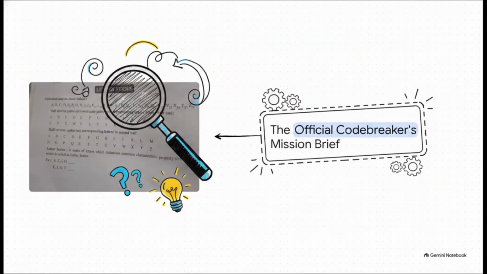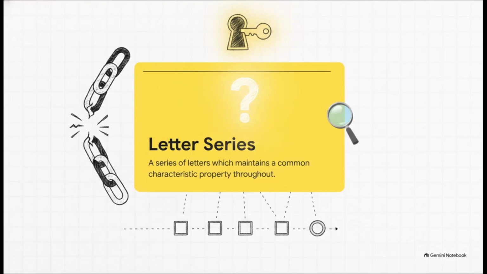Okay, take a look at this. This is a highly classified page straight out of the official Codebreakers Handbook. You can see those tools we just talked about right at the top. But look closely at the heading just beneath those tools. It says Letter Series, and that is our main target for today. Let's break down exactly what that means.